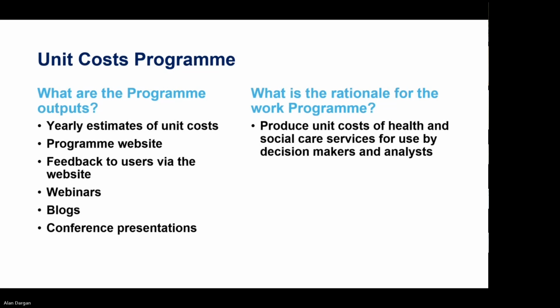But when we access services, we don't pay for them at point of use. This is delivered under the NHS system. It's delivered free at the point of care. But private care is something else. But a lot of the unit costs that we provide relate to the NHS and social care. Next slide, please.